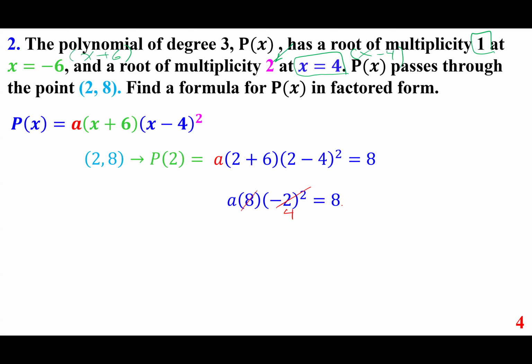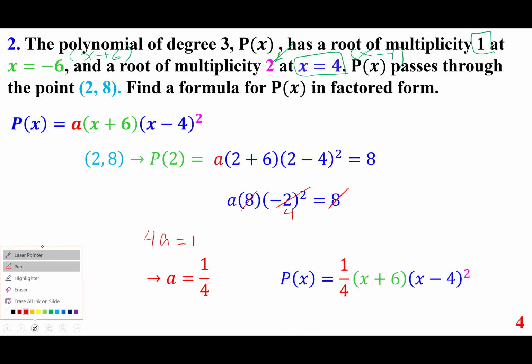You can just drop the 8. So 4a is 1, a is 1/4. So P of x is 1/4 times x plus 6 times x minus 4 quantity squared.